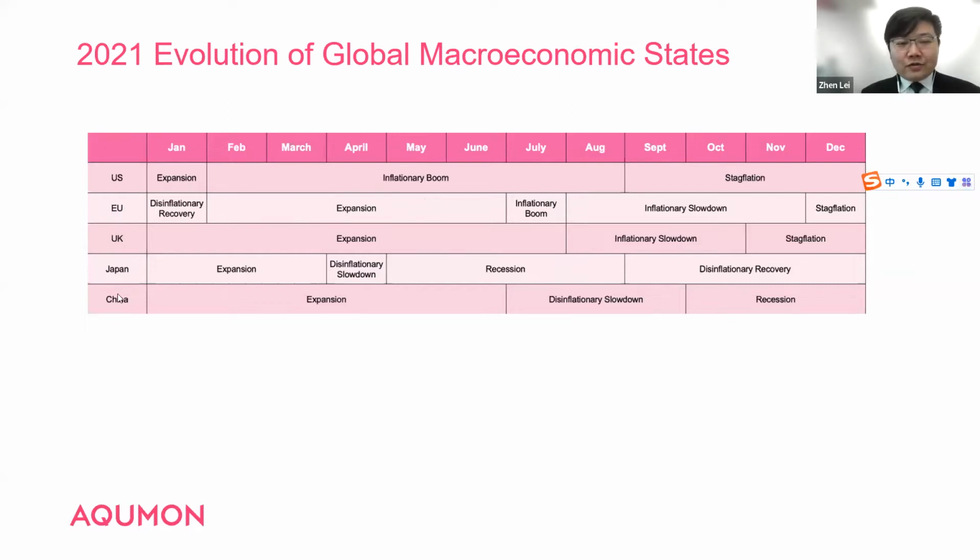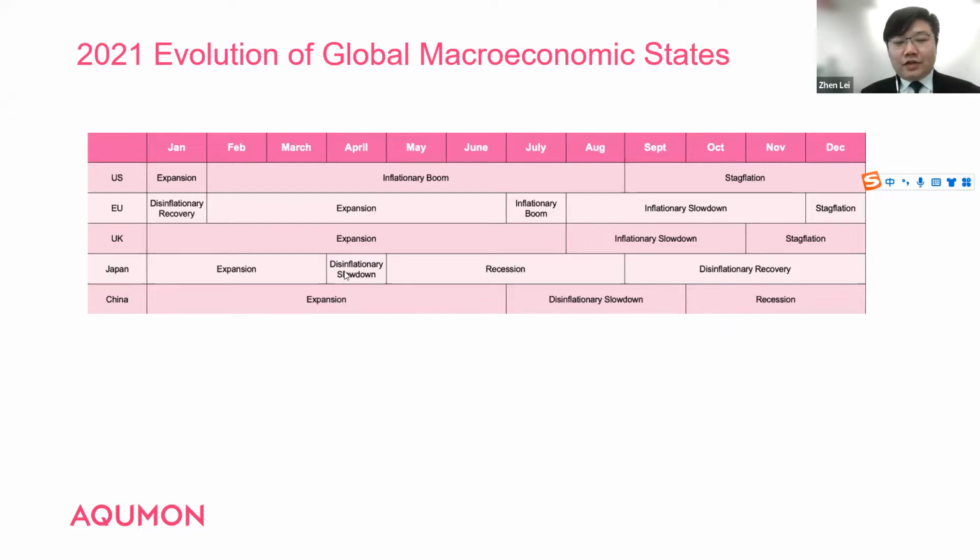For China, it experienced an expansion in the first few months, and in fact, the economic growth was slowing down in the first half of the year and remained low in the second half of the year. Finally, China was experiencing something like a recession.